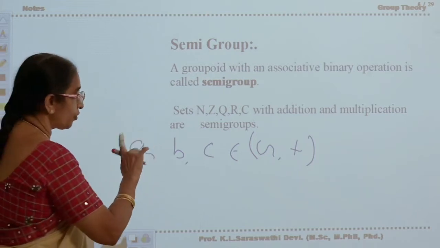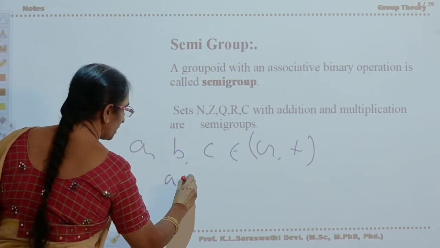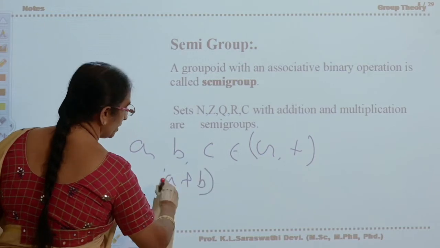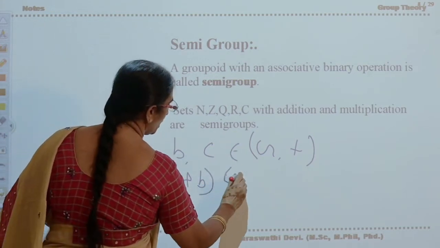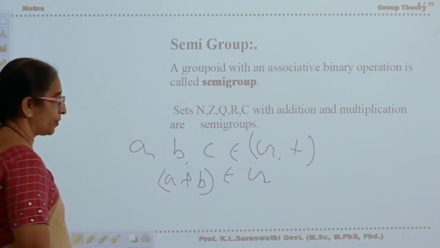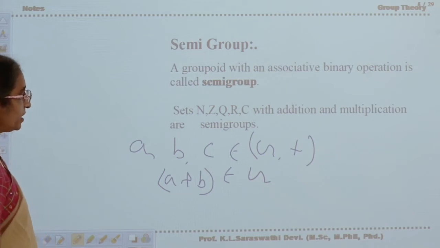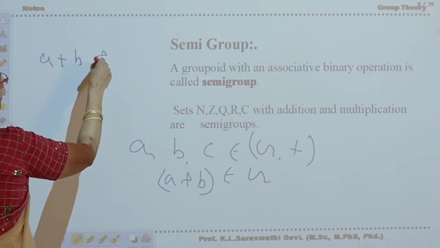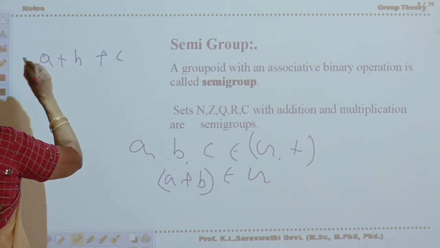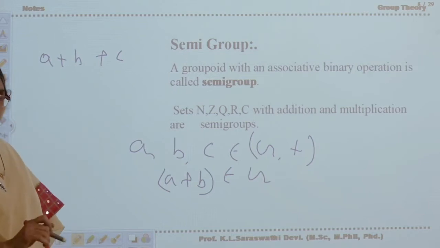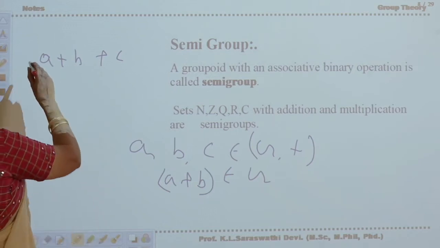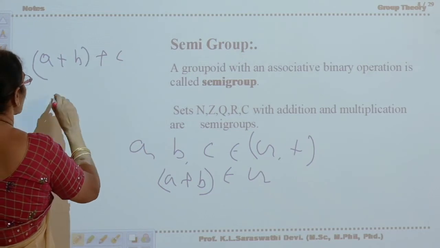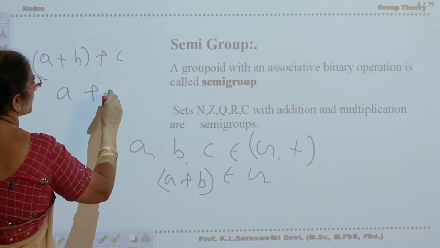That means you operate it between two elements, A plus B. This should belong to G. Then only it is a binary operator. Okay. Now, instead of two elements, suppose you want to see A plus B plus C. Now, you have to look at the addition of three elements. Then you have to group either A plus B first or B plus C first.